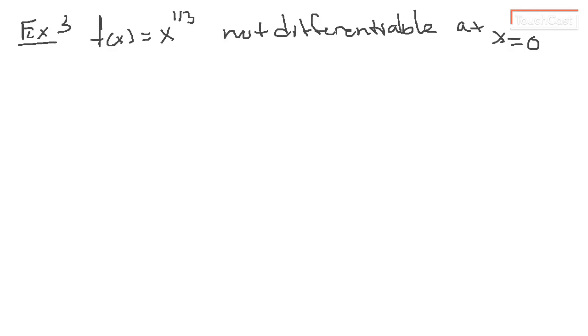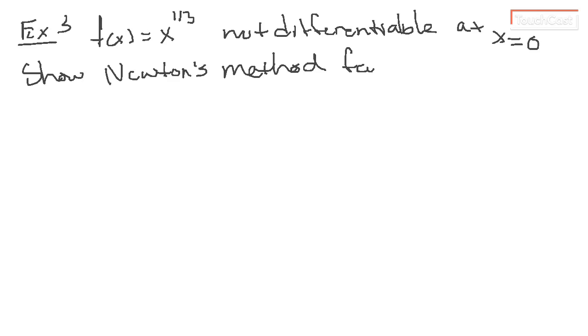So, let's figure out why this doesn't work. In fact, we're going to show that it fails Newton's method at an initial guess of 0.1, or 1/10.